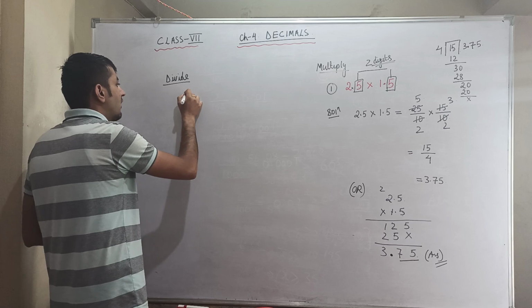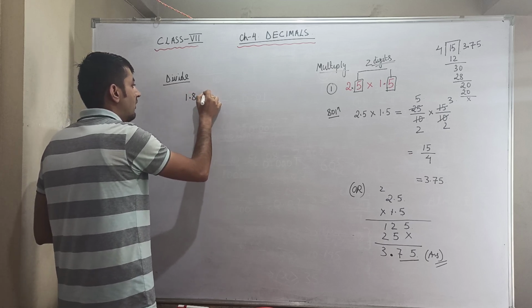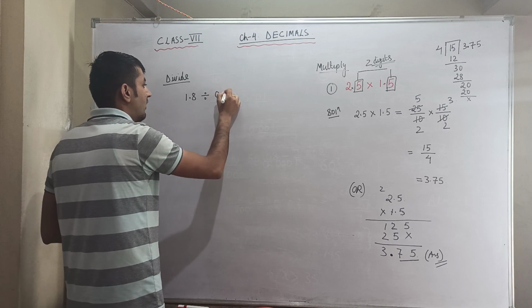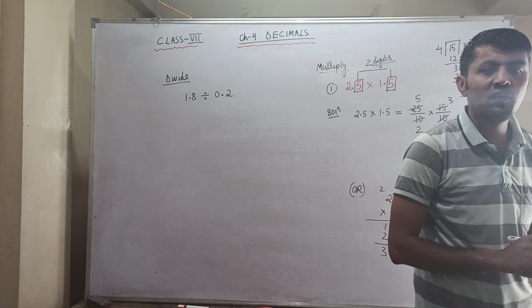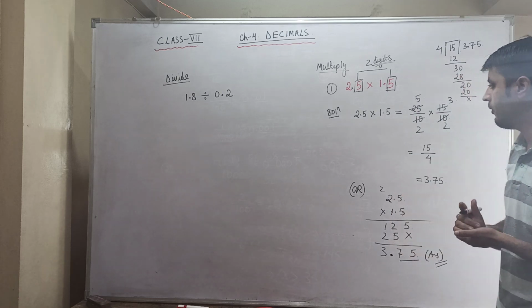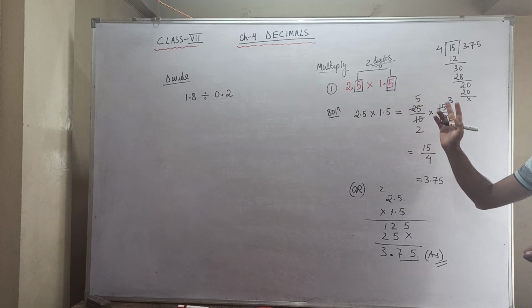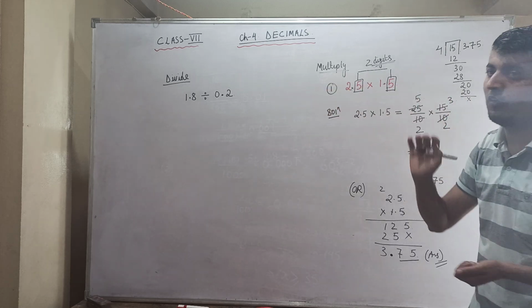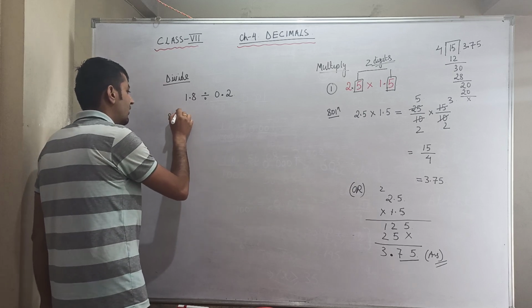Division, let us see. 1.8 divided by 0.2. I am comfortable with removing the decimal points, so I will follow this type of pattern here.